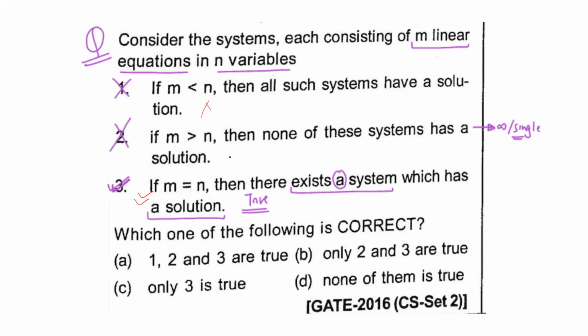Only the third is true. If m is greater than n, suppose m is 5 and the variables are 3, then none of these systems has a solution. No, this is an infinite number of solutions. The equations are more, the variables are fewer.